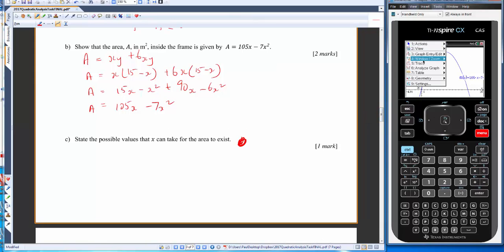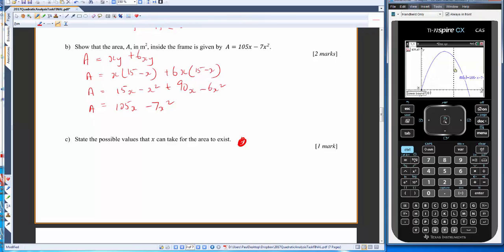So I'm going to go menu, let's analyze the graph for its zeros. Let's do the lower bound. Yep, it's definitely at the origin. Should be obvious, because there's no constant in that, so it should be obvious that it goes through the origin, but it doesn't hurt to confirm.